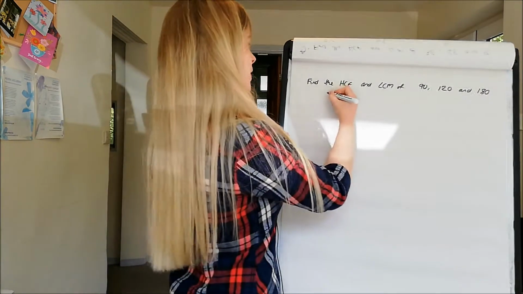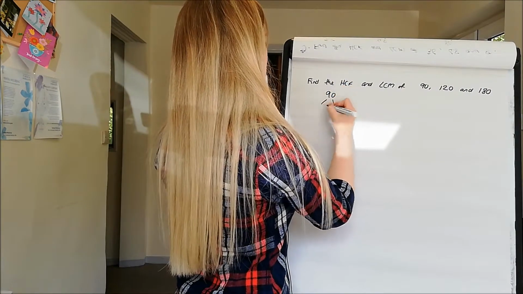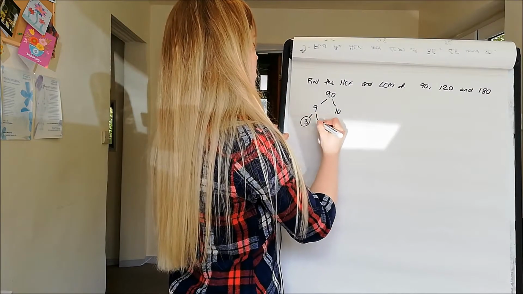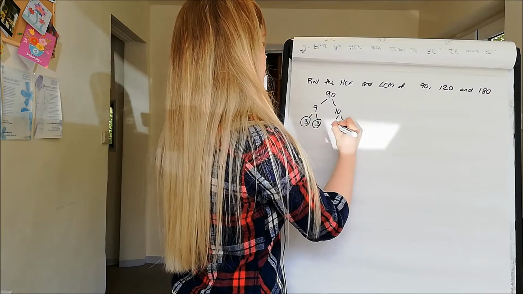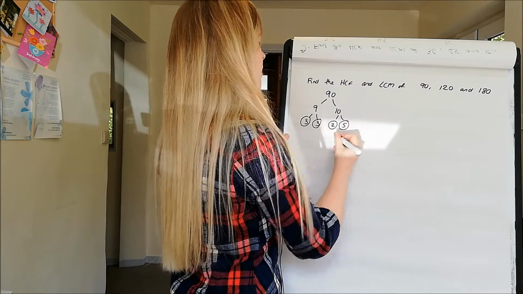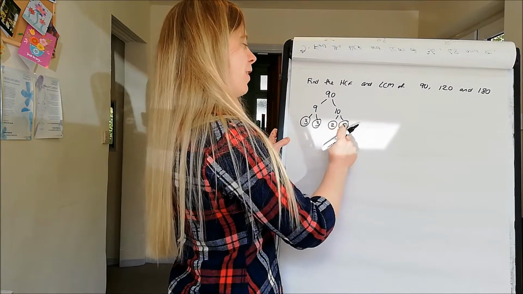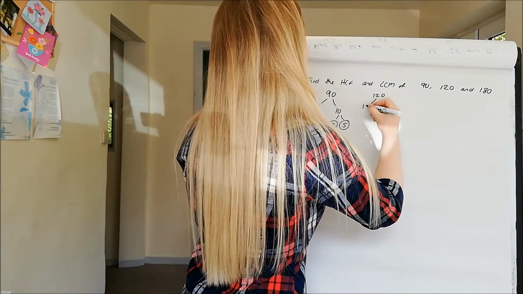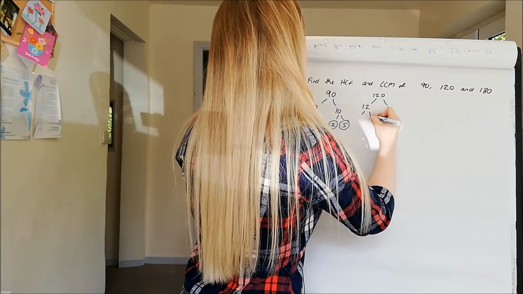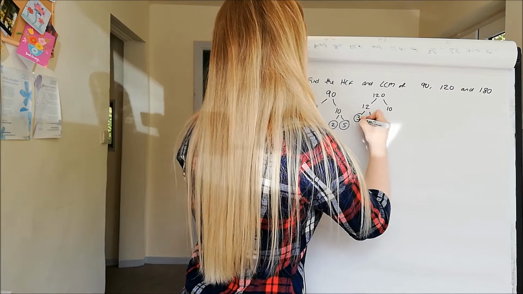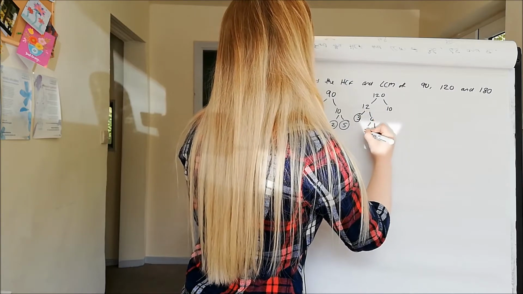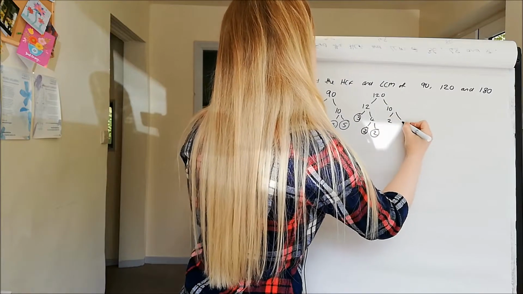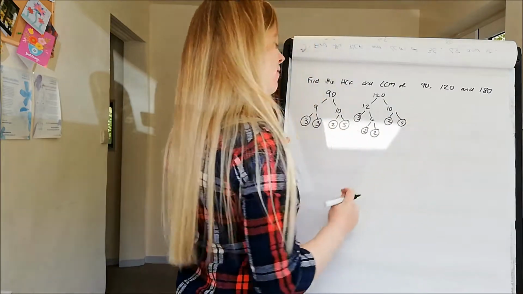All right, so 90 breaks down into 9 times 10, which breaks down into 3 and 3 and 2 and 5. So you should have 3, 3, 2, 5 in your tree. 120 breaks down into 12 times 10, which breaks down into 3 times 4, which breaks down into 2 2s, and your 10 breaks down into a 2 and a 5.